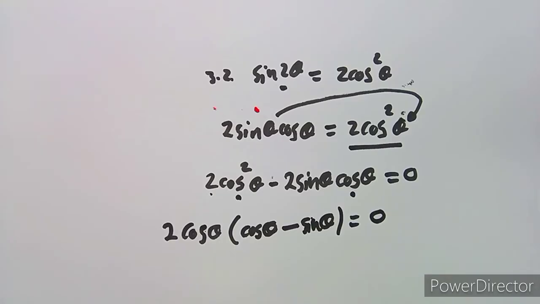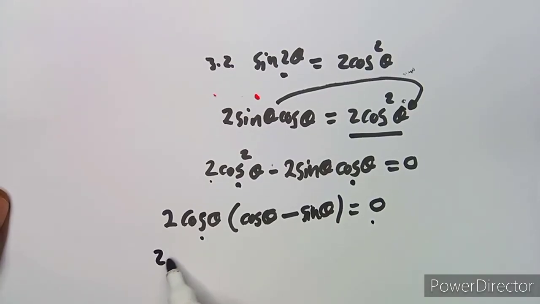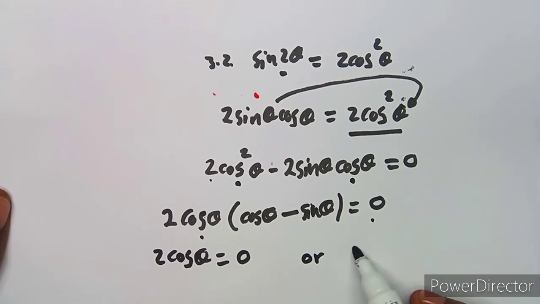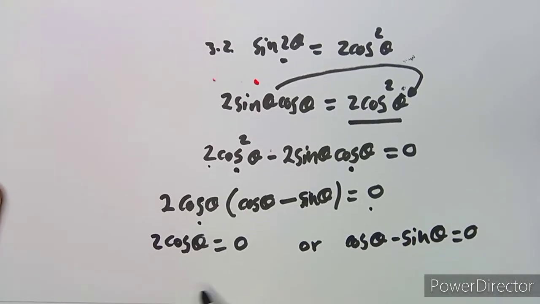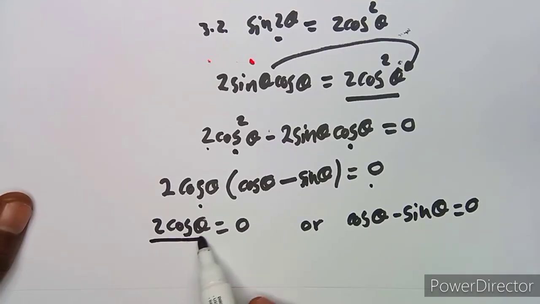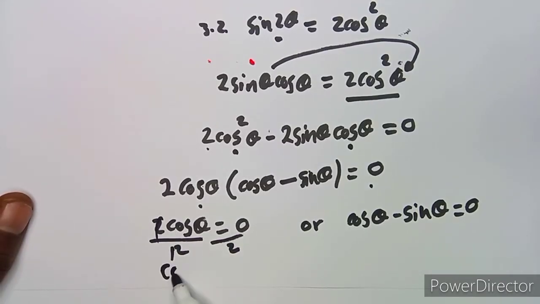Now it can make sense because we know from the zero product concept that each part should be equal to 0. So either 2 cos theta gives us 0, or cos theta minus sine theta must give us 0. Divide by 2 on both sides, which means our cos theta is going to give us 0.